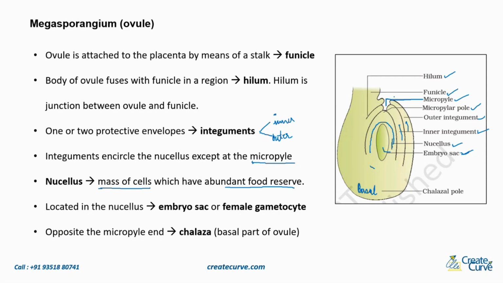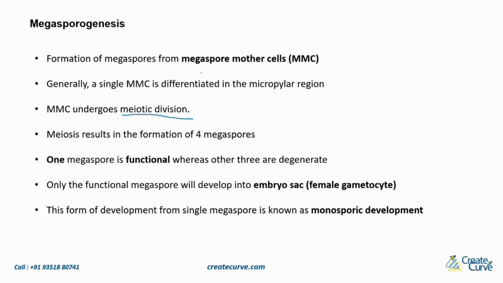Around this region is where you're going to see the megaspore mother cell undergo meiosis. What will meiosis result in? It results in the formation of 4 megaspores. So 1 MMC will give you 4 megaspores.